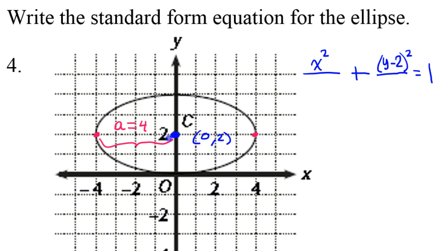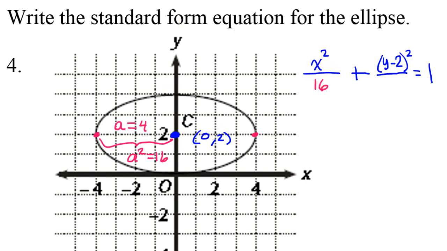The a value is always the distance the long way to a vertex. Since the a value is 4, that means that a squared is 16. Now, notice that this a value is in the horizontal direction. That tells me that the 16 will go with the x term, which is the horizontal direction.